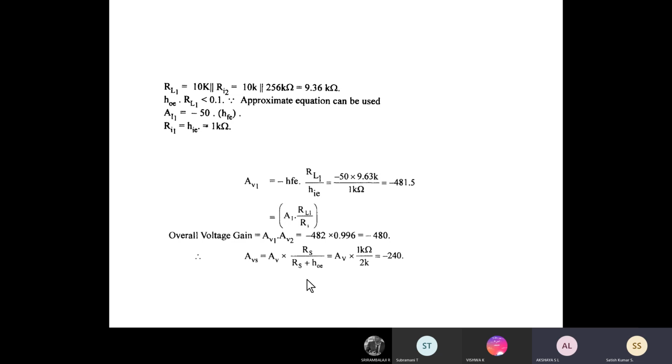No, sir. So please remember, the formula will be different based on your type of configuration. That is the first thing. Second, again you will have two formulas. H parameter only.